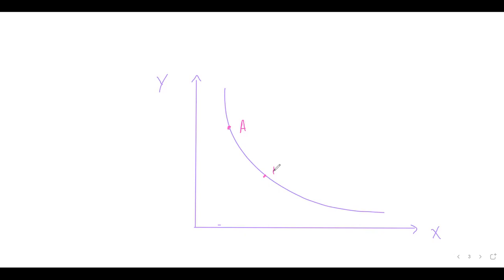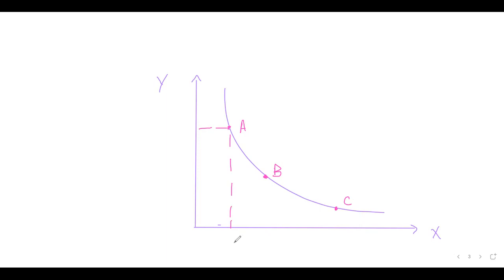And let's say then you have bundle B and then bundle C. Even though you are consuming different quantities of the two products on these bundles, you are indifferent between these three bundles. Why? Because the total utility, the total satisfaction that you get, is the same.